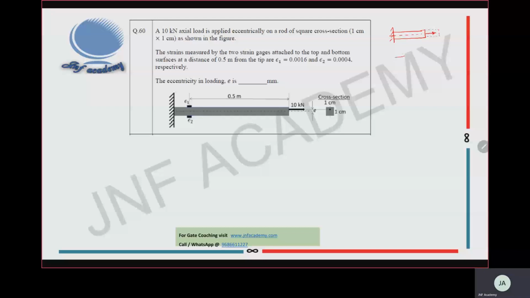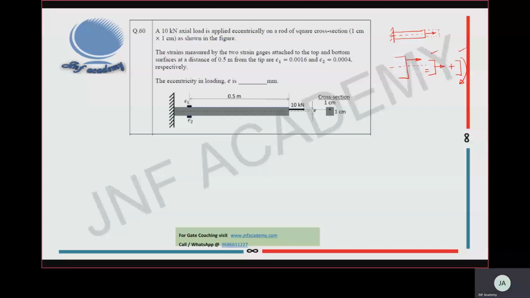Suppose this is the axis, but the force is acting over here, then you need to idealize this case into two subcases: tension and bending. So it is a combination of combined axial tension and bending cases.